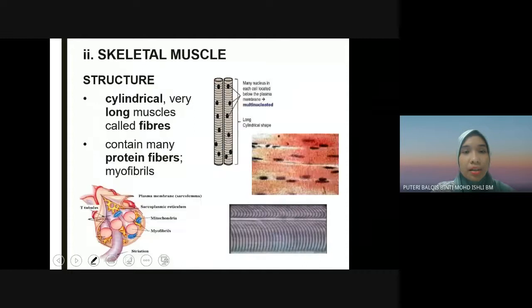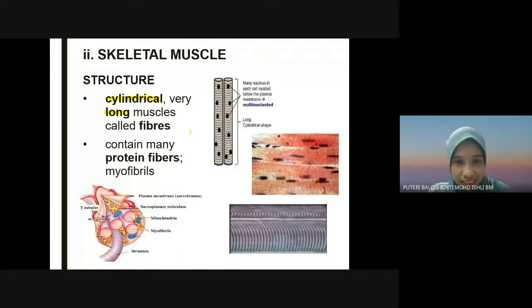Faham. Alright. Then we have skeletal muscle. Skeletal muscle dia adalah cylindrical. Bentuk silinder. Cylindrical, very long muscle called fiber. So kalau awak tengok ni, skeletal muscle ni, dia adalah striated.